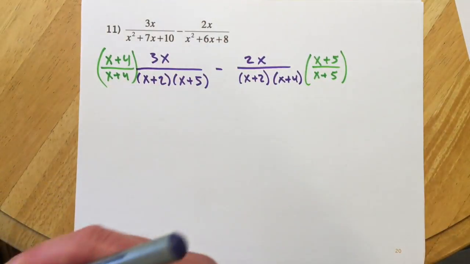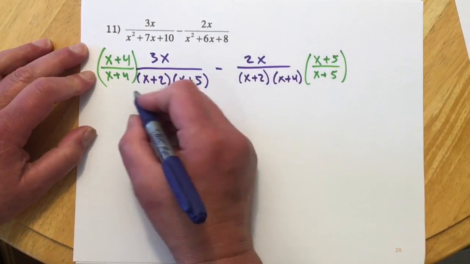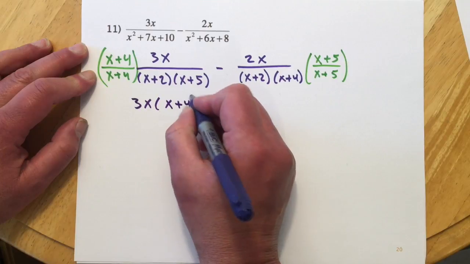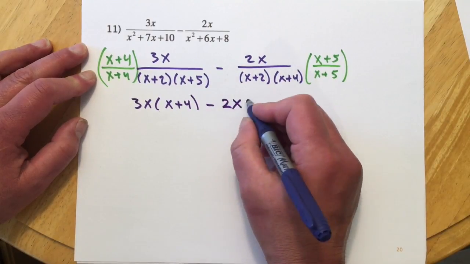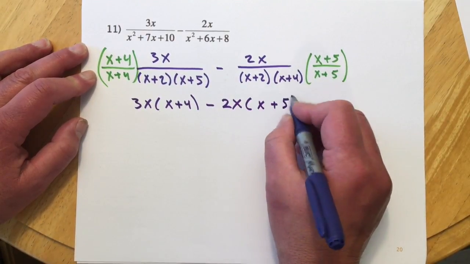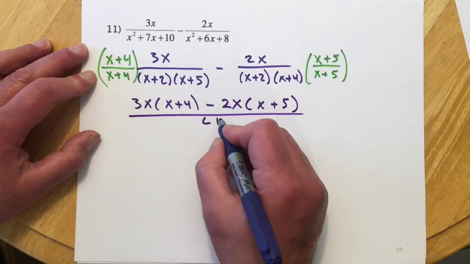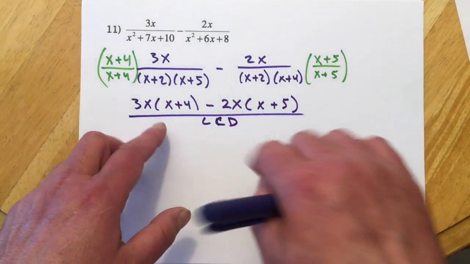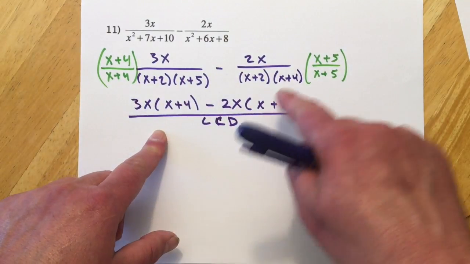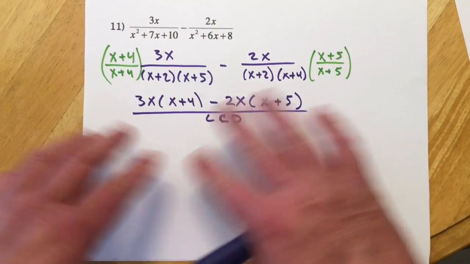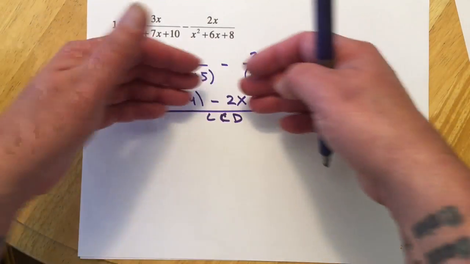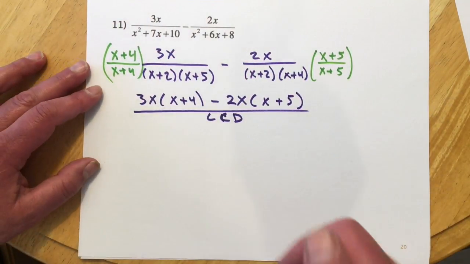And then if I take a second and write that out well, it'll look like 3x times x plus 4, minus 2x times x plus 5, all over the LCD. And if I'd written out x plus 2, x plus 4, x plus 5, again, there's that temptation to cancel here. You haven't factored anything. Well, you factored these, but you haven't factored your numerator, so you can't cancel yet.